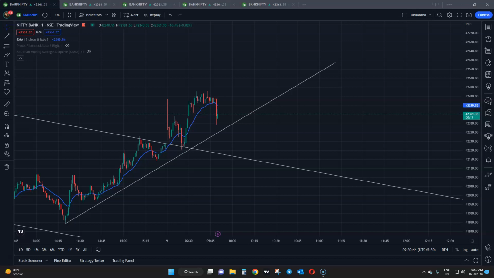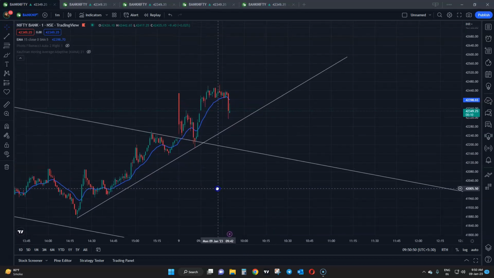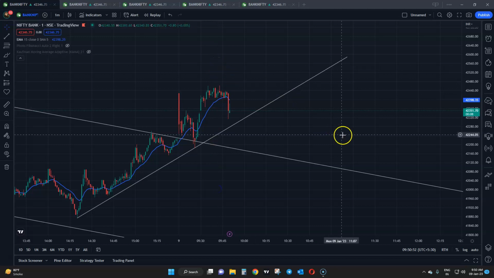So, like I said, I'll keep it to the side, wait for a few minutes, reanalyze, see where we're at. What's actually happening is, I think, a trading range formation.